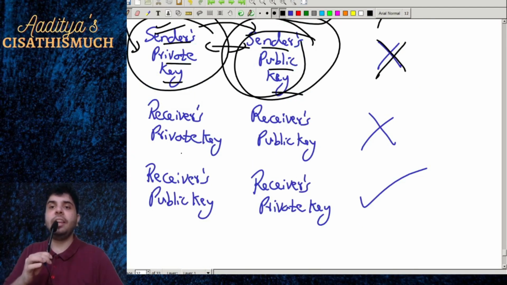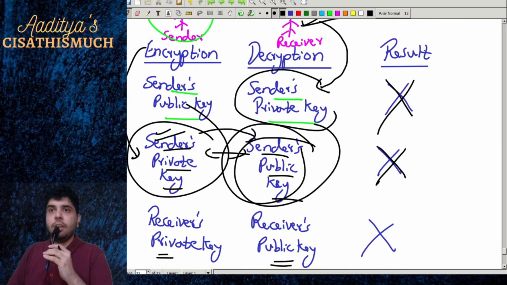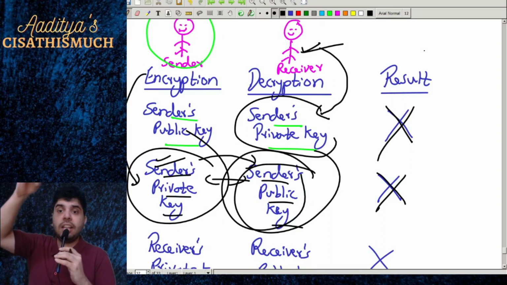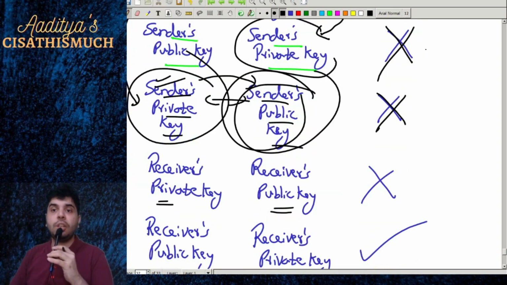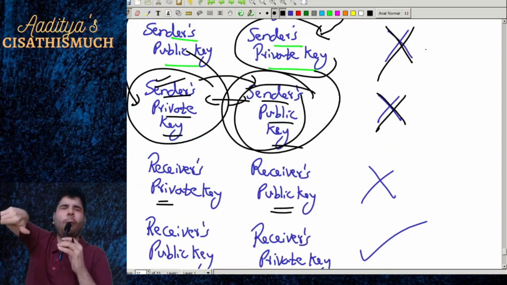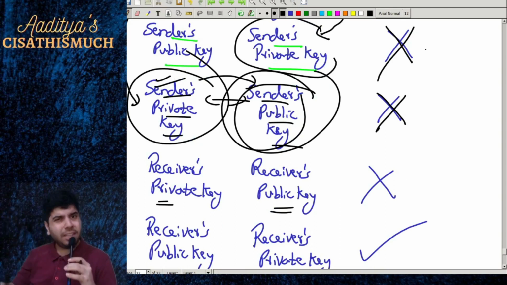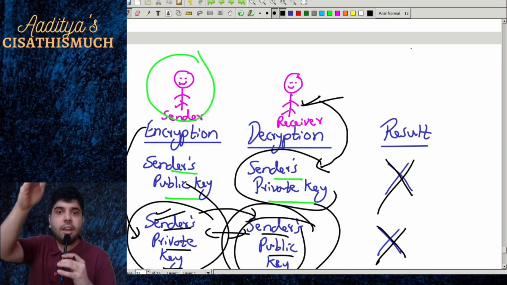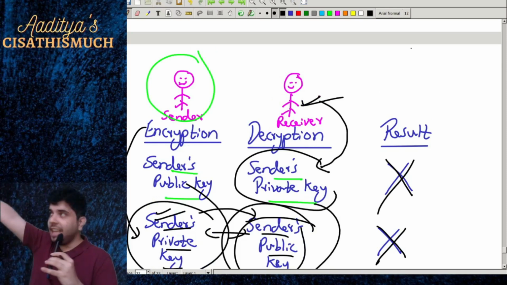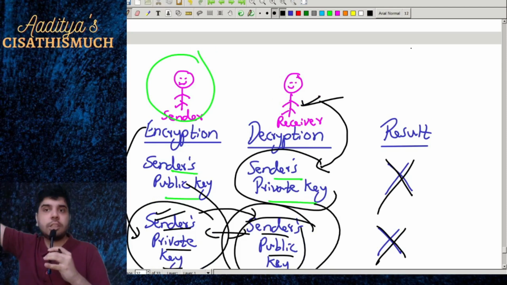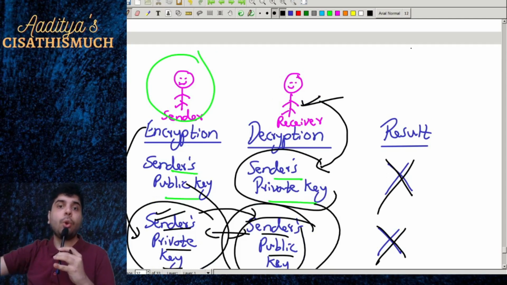Receiver's private key and receiver's public key. Now over here, the sender is encrypting the data using the receiver's private key. What? Private key of the receiver. Again, the sender will not have access to the receiver's private key. The sender knows only about his own private key, not the receiver's private key.